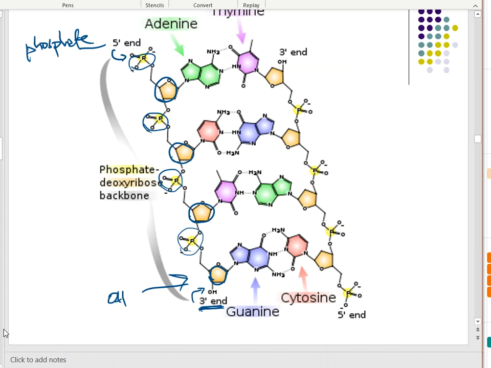On each one of those sugars, we have a base, and they're labeling it for us, at least in this first one and at the top one. We have the G base, that's right here. That is complementary.